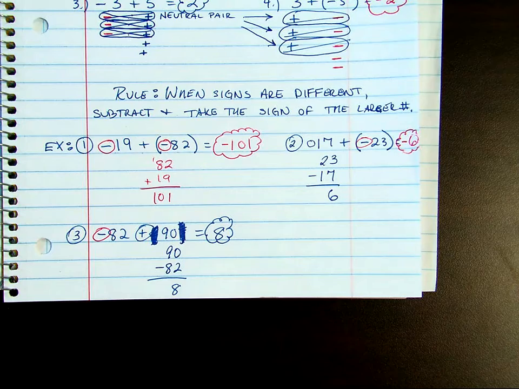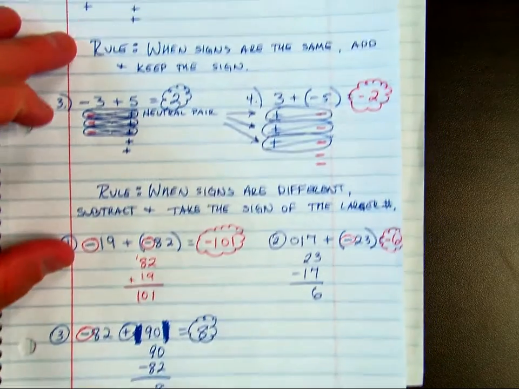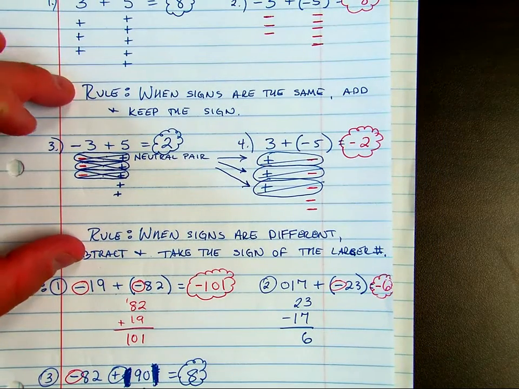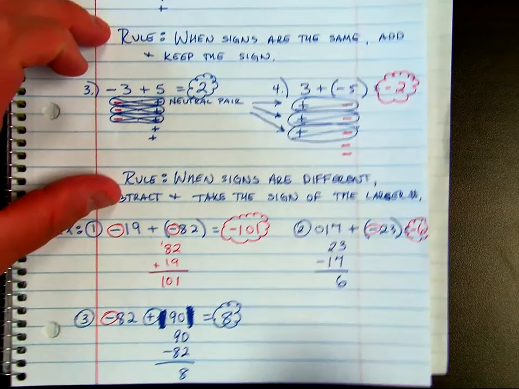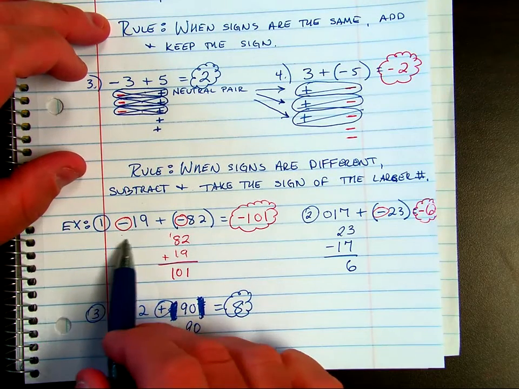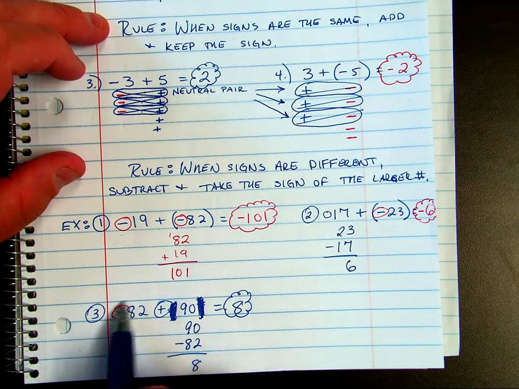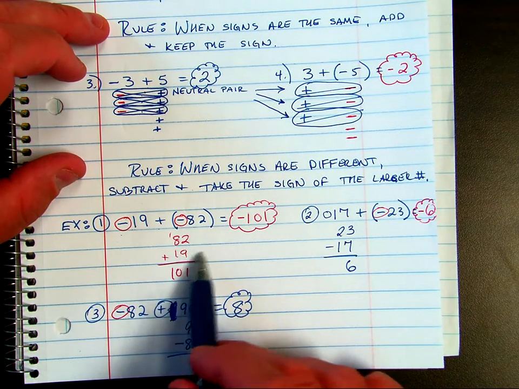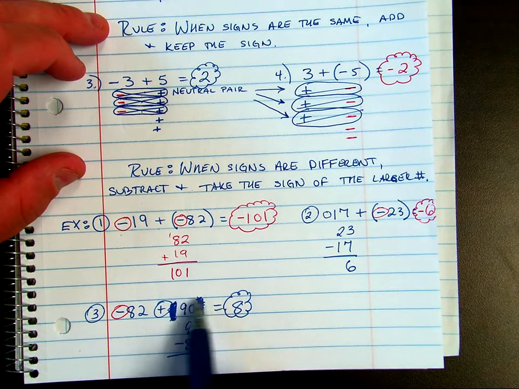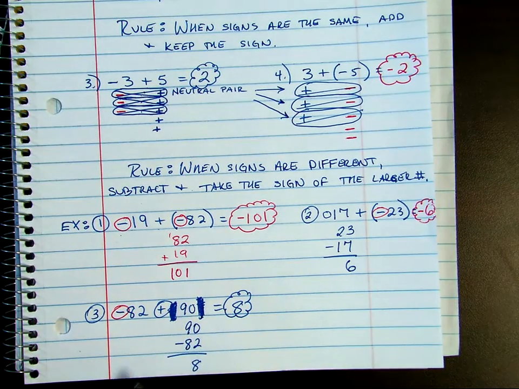Now, the reason for these two sets of rules is I don't want you to sit here and draw out 19 negatives and then sit here and draw out 82 negatives and then add those, then count them up. And the same thing with number 2.